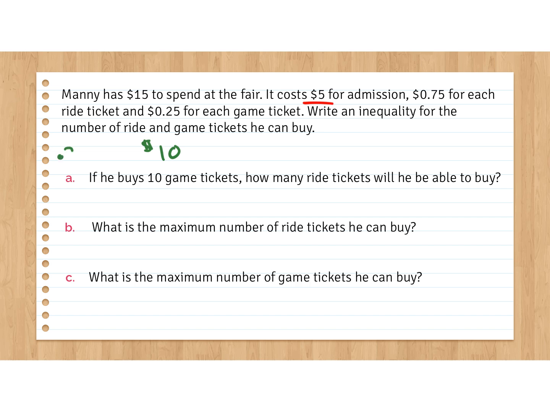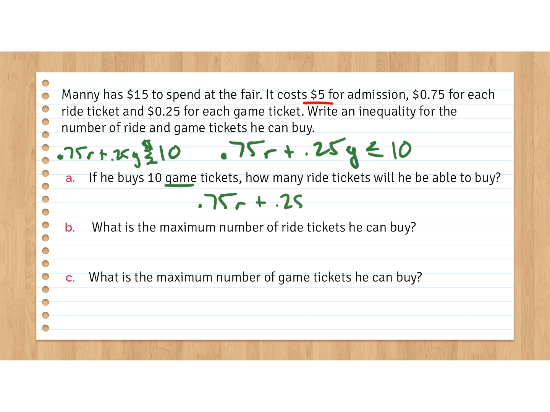So it's going to be 75 cents for each ride plus 25 cents for each game. And all that's going to be less than or equal to 10. So 0.75 for each ride, 25 cents for each game. And all of that is less than or equal to 10. So if he buys 10 game tickets, how many ride tickets can he have?